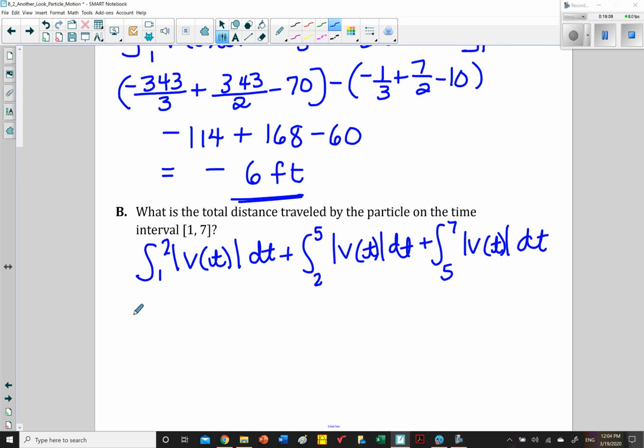And that would give us, let's see, I've already pre-done this, so this one turned out to be -22 over 12. The middle one turned out to be 4.5, and the last one turned out to be 26/3.